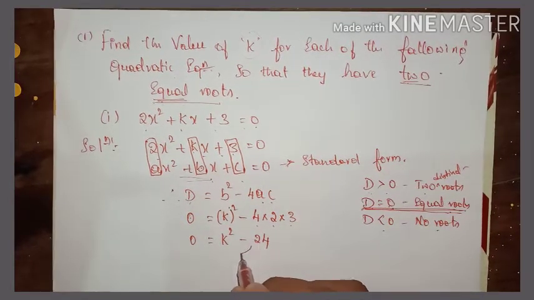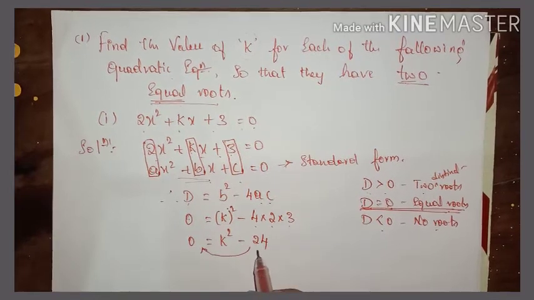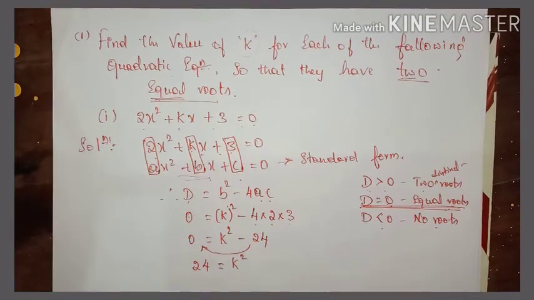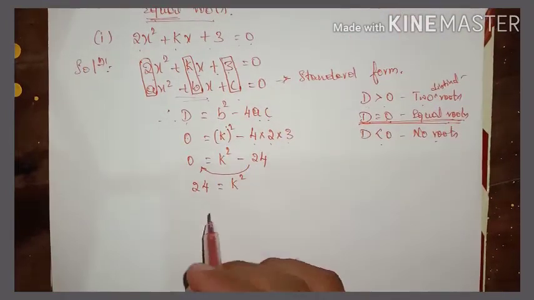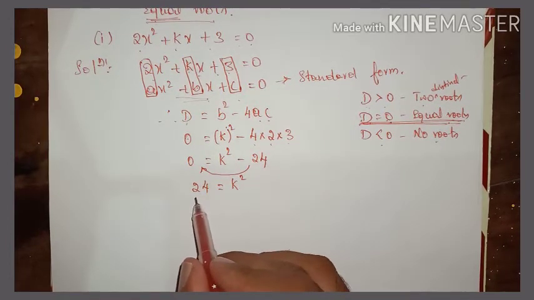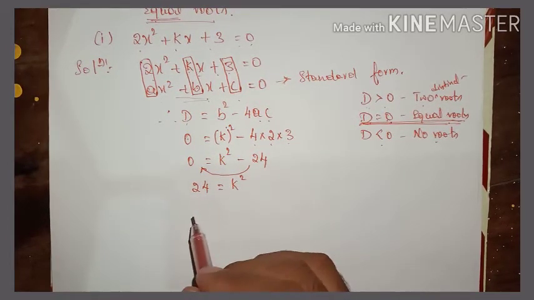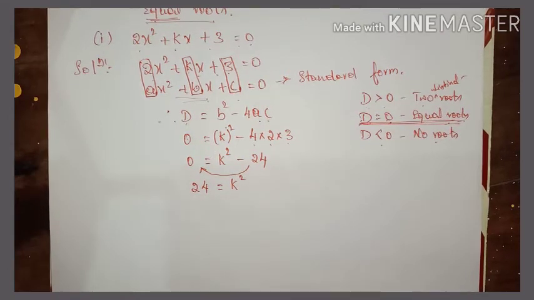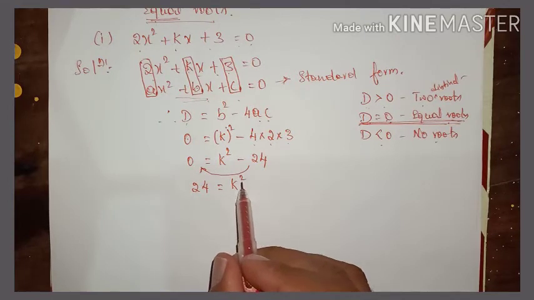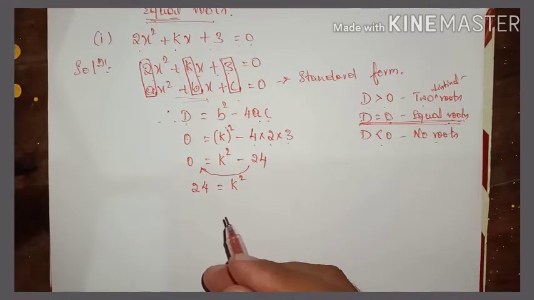Take this one to the left-hand side. Then minus 24 becomes plus 24, which is equal to k square. Now there are two methods to solve this. We can take the square root on both sides. Easily, if you send the square to the other side, it becomes a square root.